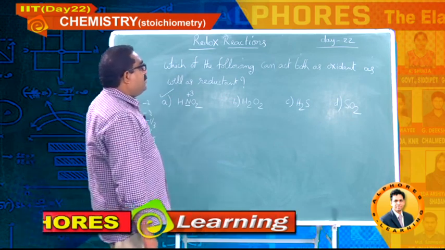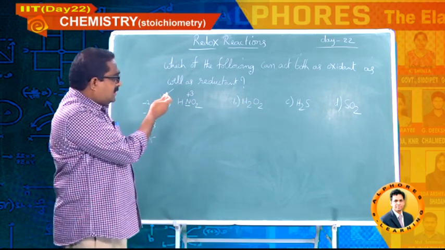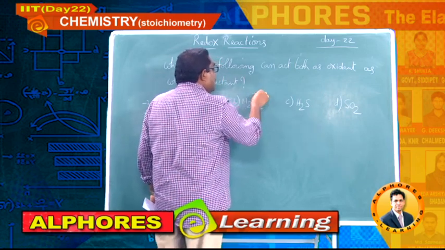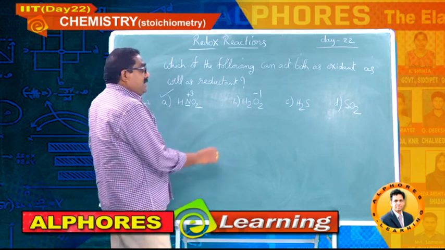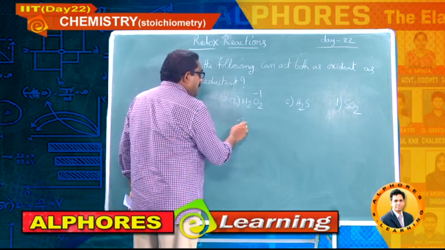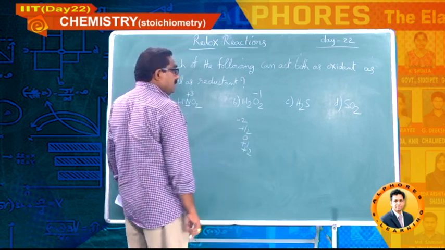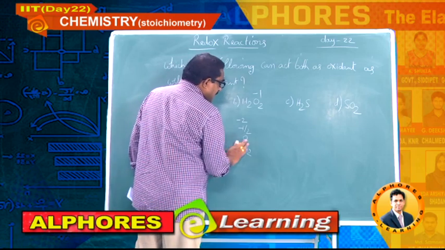Next, come to this hydrogen peroxide. Hydrogen, a non-metal, is of course plus 1 oxidation state. This is peroxide, where the oxidation state of oxygen is minus 1. Oxygen can have the oxidation state minus 2, minus half, 0, plus 1 and plus 2. Of course, plus 1 and plus 2 are special conditions.